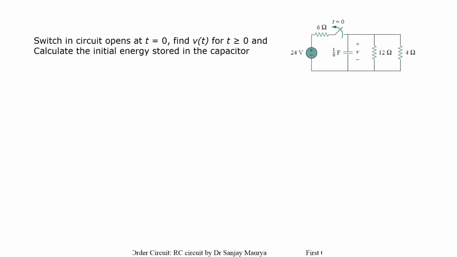Let us take another example. In this example, at t equal to 0, this switch is open and we need to find this voltage and also the energy stored across this capacitor at the time of starting. We will begin with the determination of the initial condition.